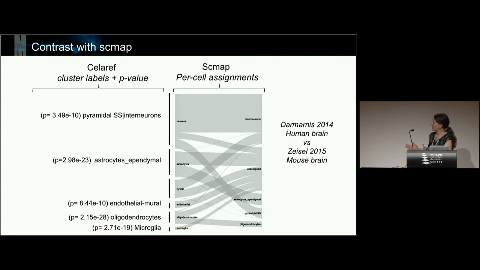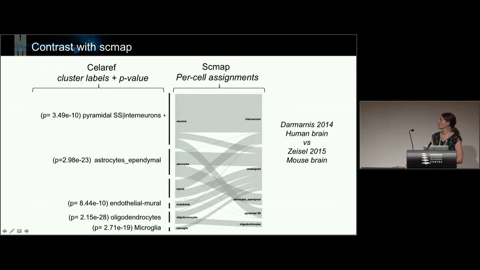So this big, nice looking Sankey plot here is from SEMap. SEMap does a per cell assignment from a query data set to your reference data set. So here are the 2 brain data sets again. And you end up with a proportion of how many cells from one group got assigned to your other group.